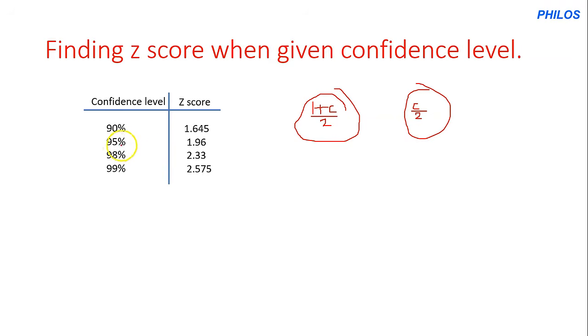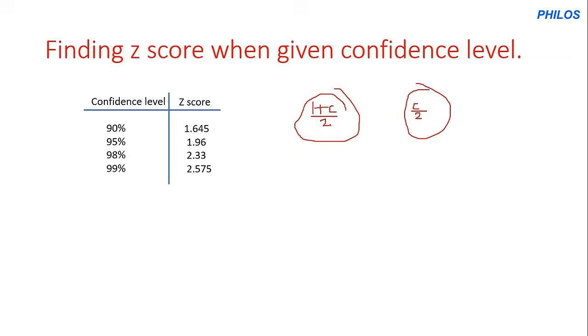So let's try that for 95% also. When you convert 95% to decimals, you get 0.95. So fix 0.95 here. You have 1 plus 0.95, all divided by 2, and that will be 1.95 divided by 2, and that will give you 0.975.